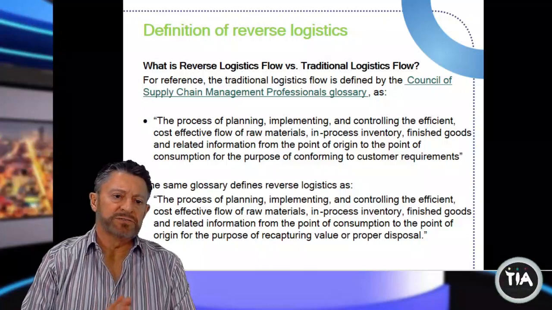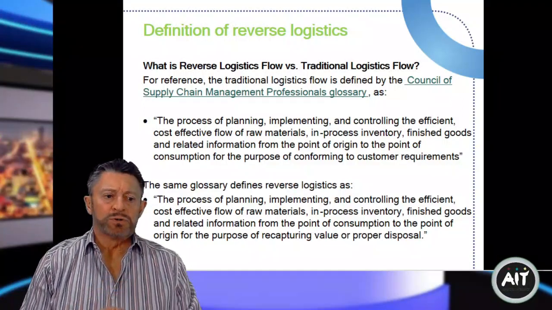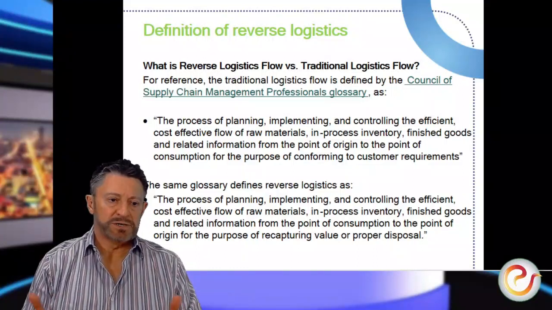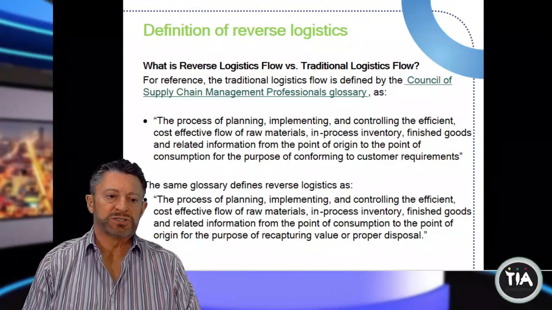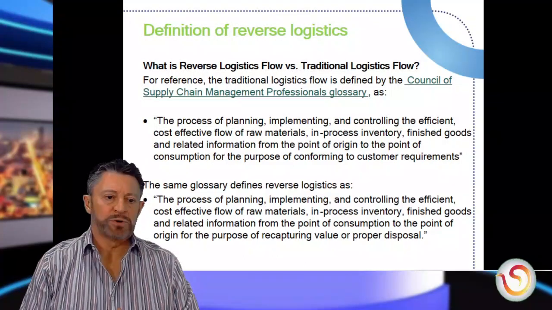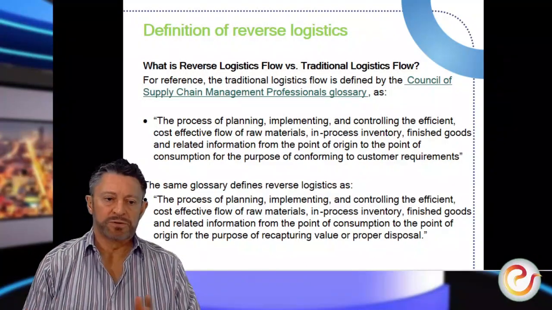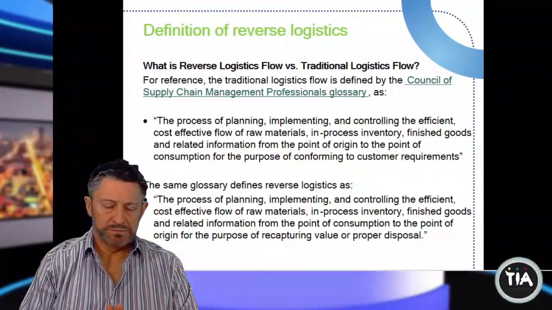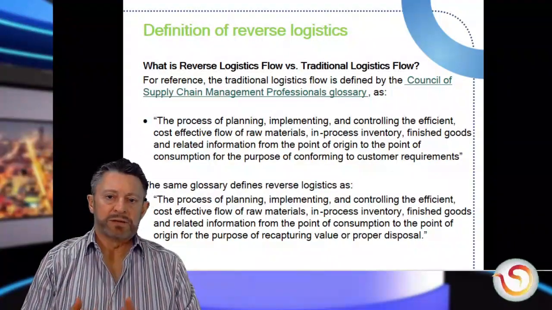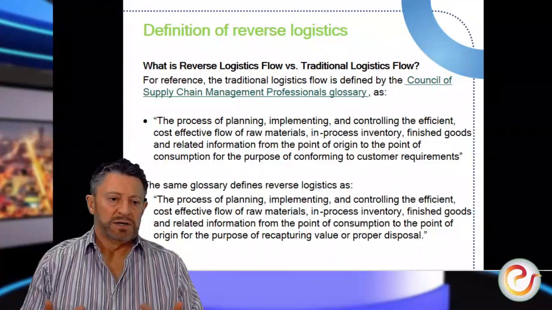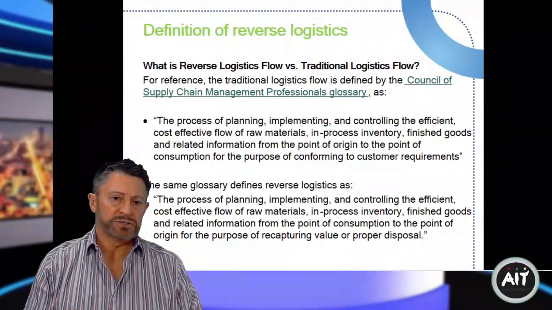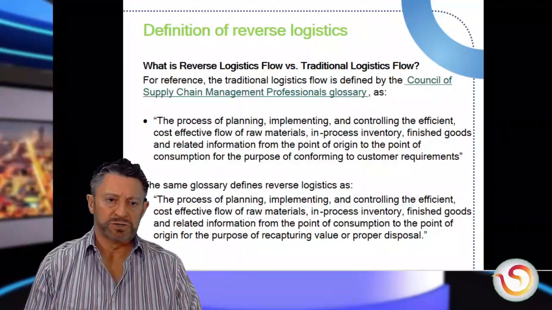And then the final definition: the process of planning, implementing, controlling the efficient, cost-effective flow of raw materials, in-process management, and related information from the point of consumption to the point of origin for the purpose of recapturing value or proper disposal. So essentially, can we get back as much of this stuff as possible? And this even starts a little bit further back in product design, product engineering, and new product introduction.